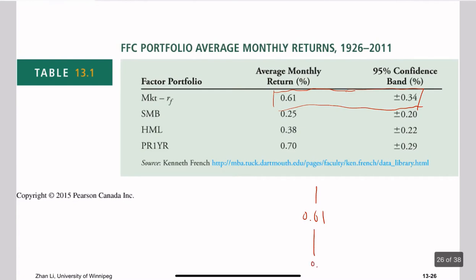So you could have 0.61 minus 0.34 and 0.61 plus 0.34. There is a 95% chance the correct monthly return will fall between this number and this number. Right? So that's why this is called a 95% confidence interval or confidence band.